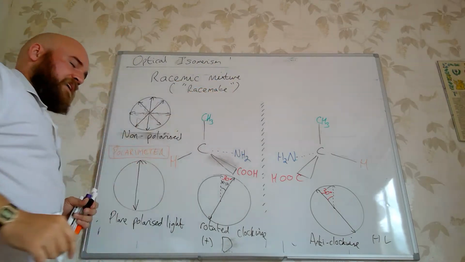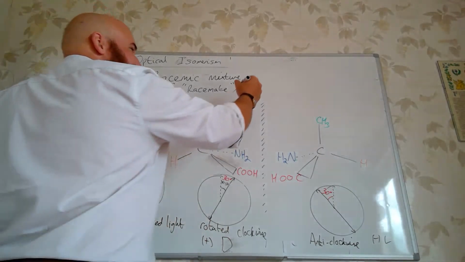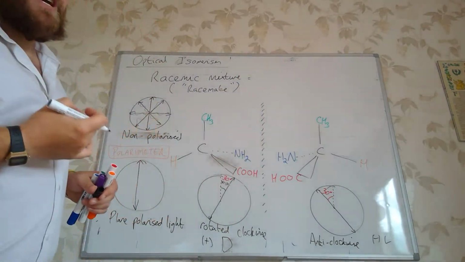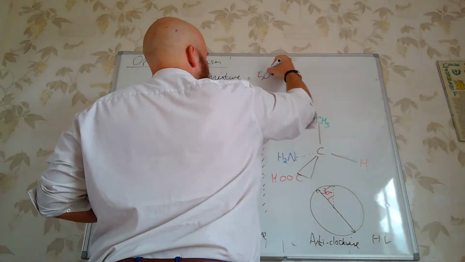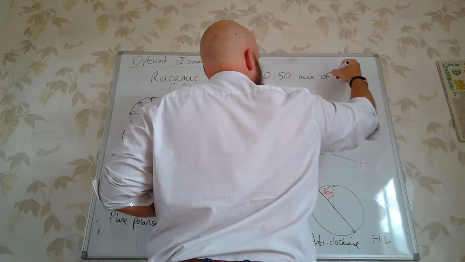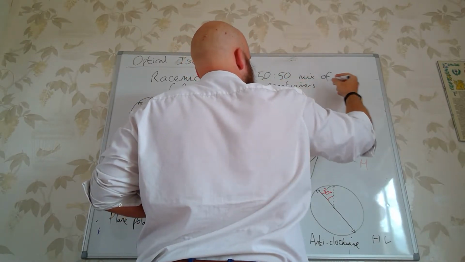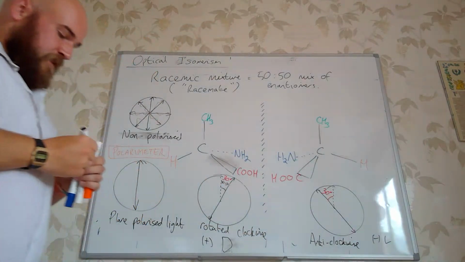It looks like it should be pronounced racemate, but it's pronounced racemate. And a racemate or racemic mixture is a 50-50 mix of enantiomers.